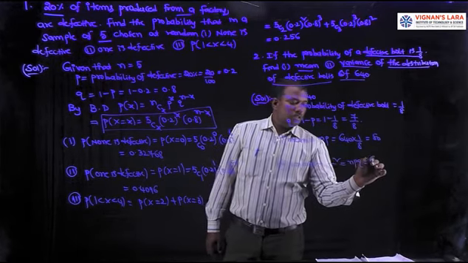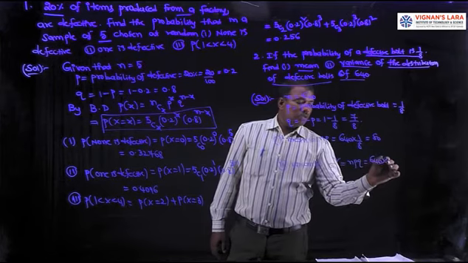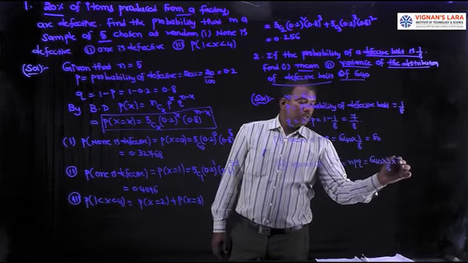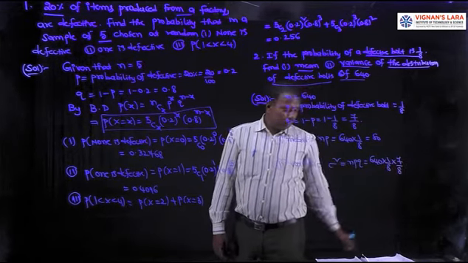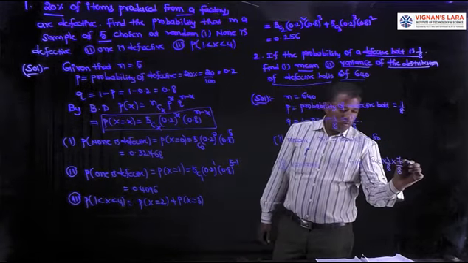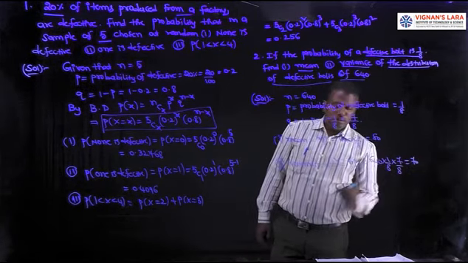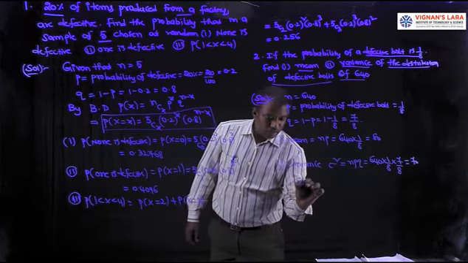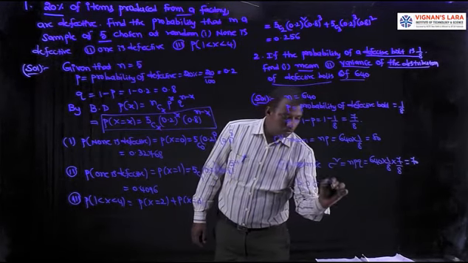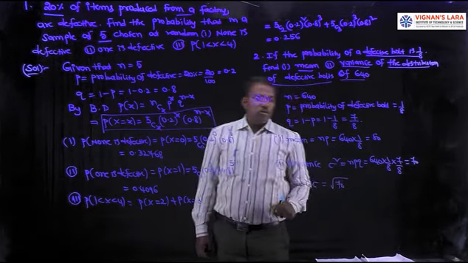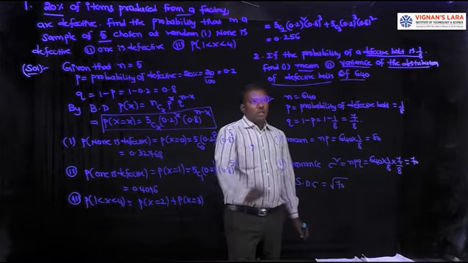N is 640, P is 1 by 8, Q is 7 by 8, that equals 70. Then standard deviation sigma equals root over 70.